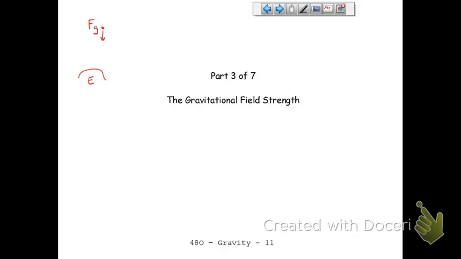Supposing that I didn't put that object there, supposing that there was just that point in space, would there be any utility in linking some kind of gravitational effect to that point in space without an object there?